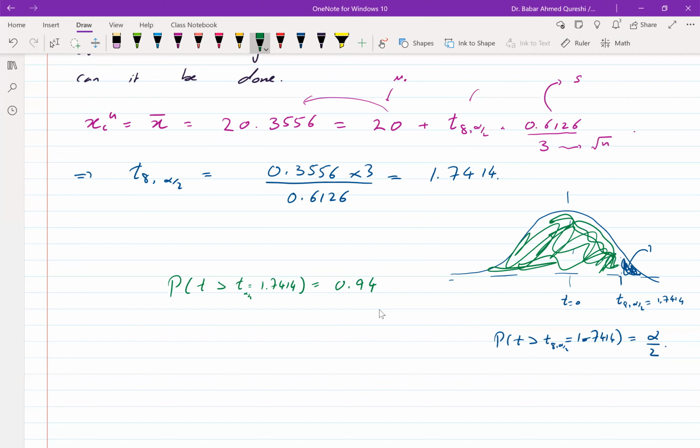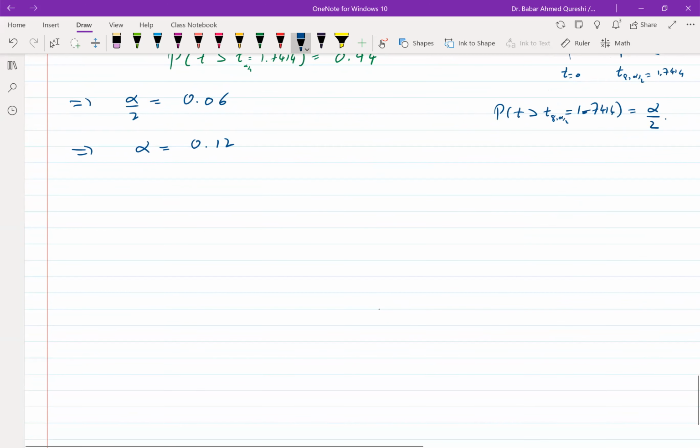But you want this area. So this is just going to be 1 minus 0.94. So that means alpha by 2 is 0.06. So that means alpha is 0.12. And this significance is your p-value.